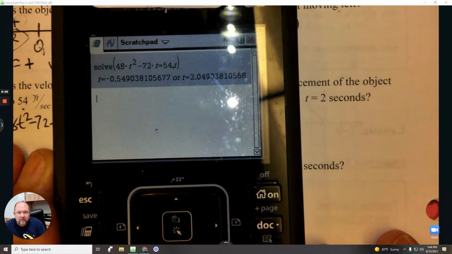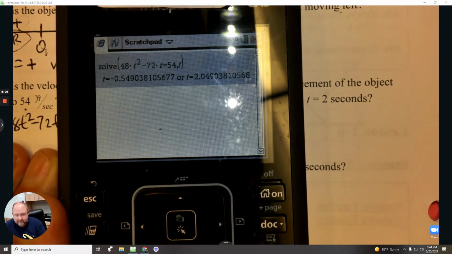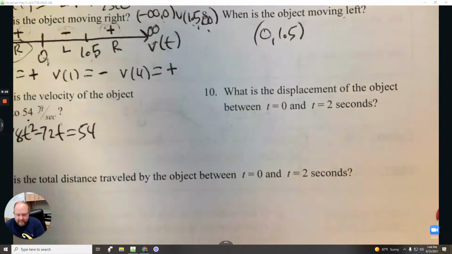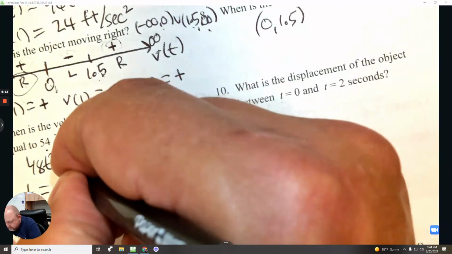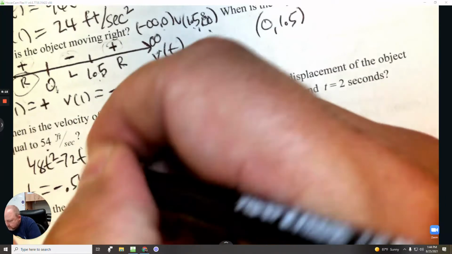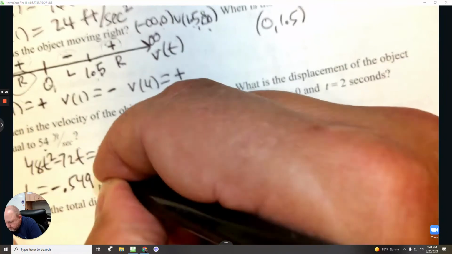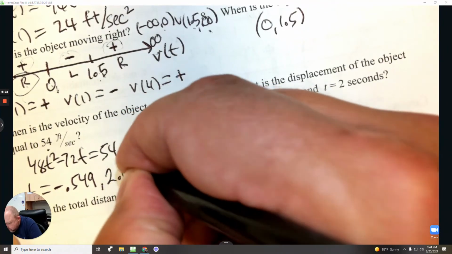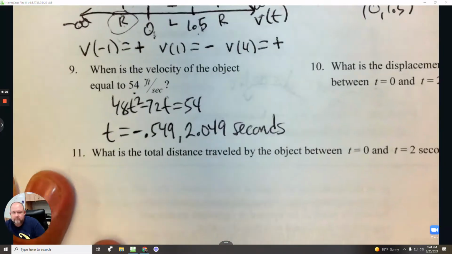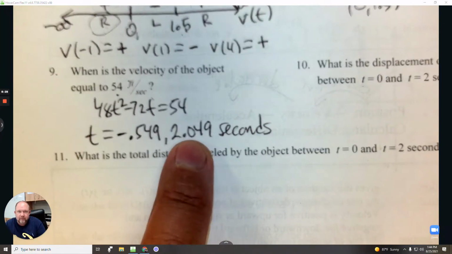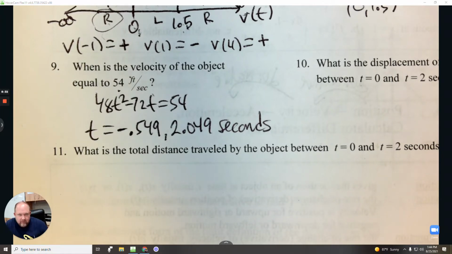And those are the 2 times where the velocity is 54 feet per second. So at those 2 times, the object is moving at that speed or velocity.